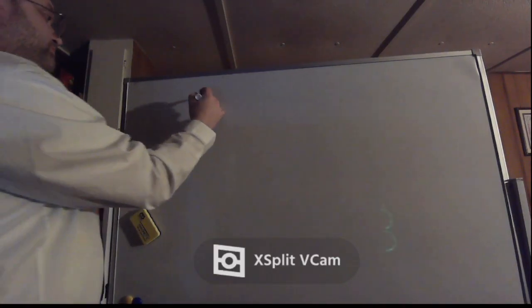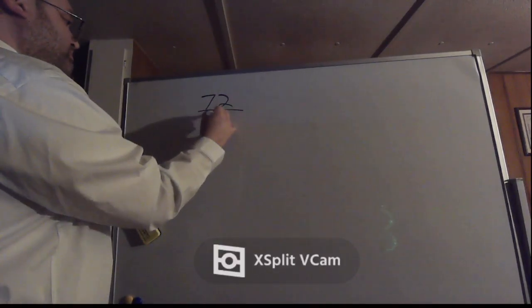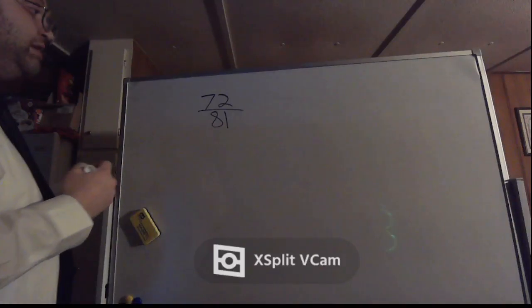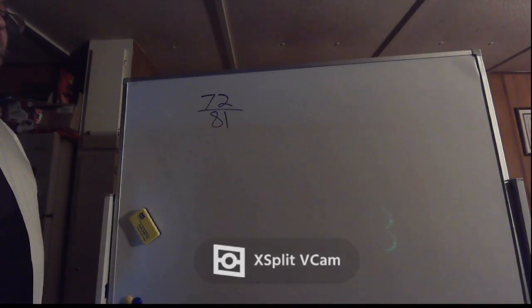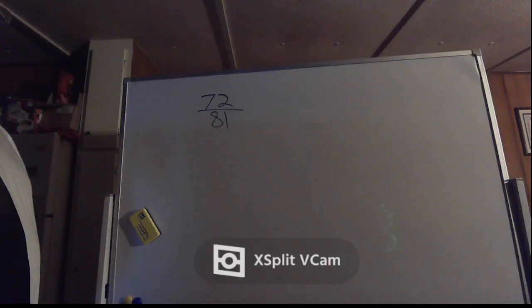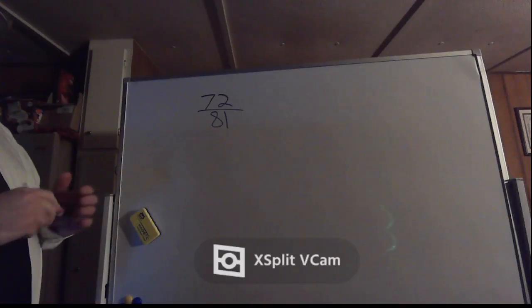One more. How about 72 over 81? Again, probably not readily apparent what it's going to be. This is where knowing your times tables and factoring is very important. Are there any common factors of both 72 and 81?